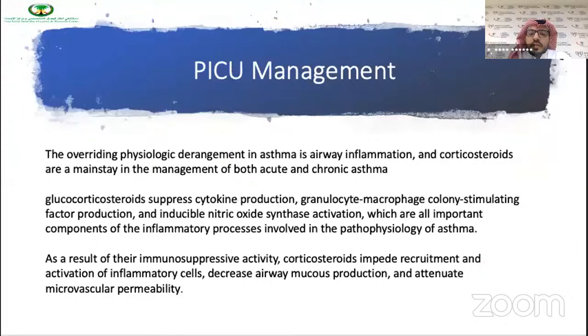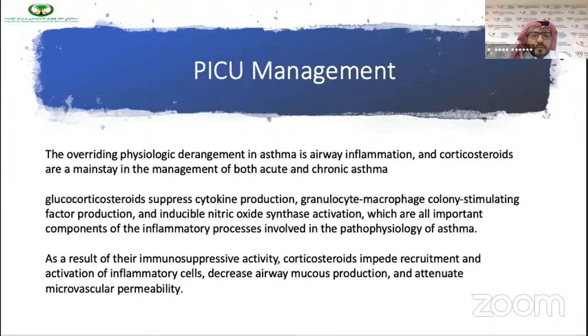The overriding physiological derangement in asthma is airway inflammation, as we mentioned earlier. And the thing that can control the late or delayed bronchospasm is the corticosteroid. So you give initially the bronchodilators. Hopefully, within the next few hours, the patient will turn around as the steroid kicks in.